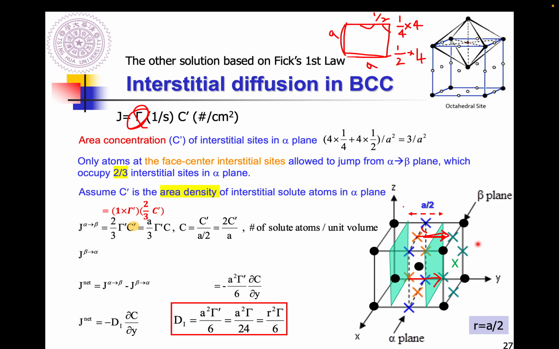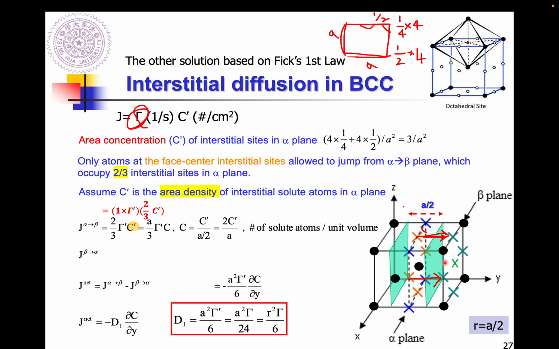So I got 4 halves, so also 2 atoms, and add one more at the center. So I got 2 plus 1, also 3, right? So the area density will also be 3 divided by a squared. So you got 3 interstitials here, okay?